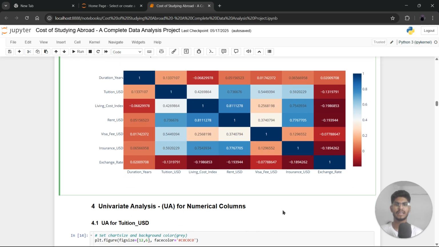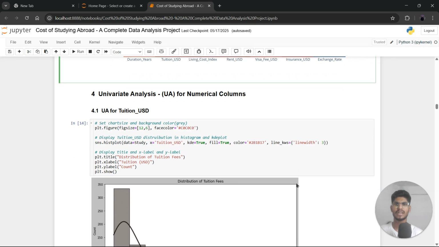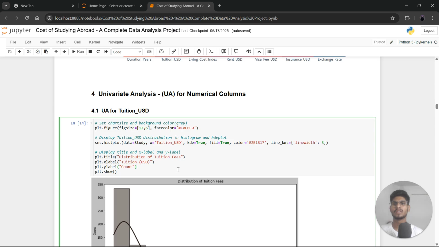So we can identify the relation between all of them, and even we can identify the most negative relation within the data. So here we go, we have the exchange rate and the living cost index, because it doesn't make sense. So that's why now we are doing the univariate analysis.